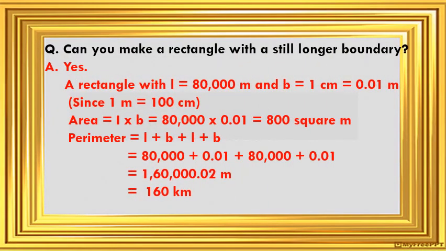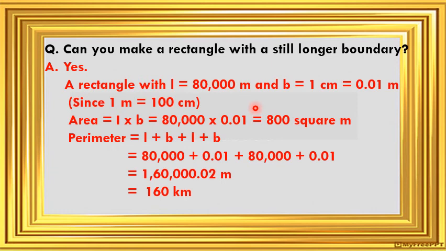Next question. Now children, can you make a rectangle with still longer boundary? Answer is yes. A rectangle with length 80,000 meters and breadth 1 centimeter, that is 0.01 meter, can be made.